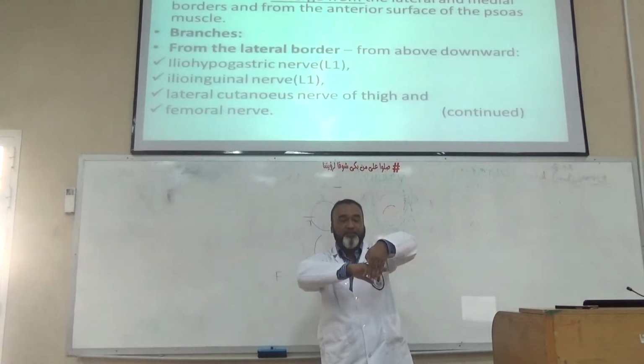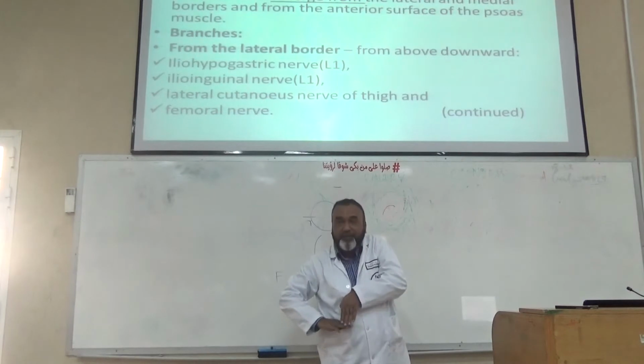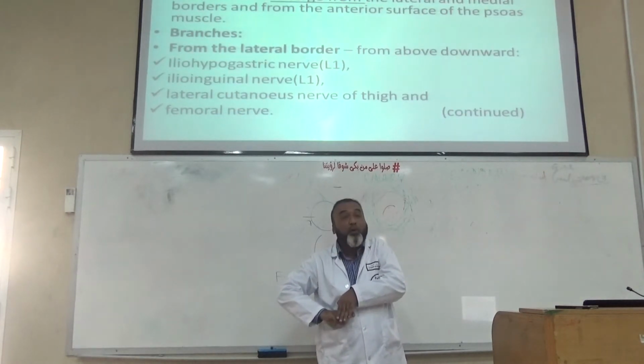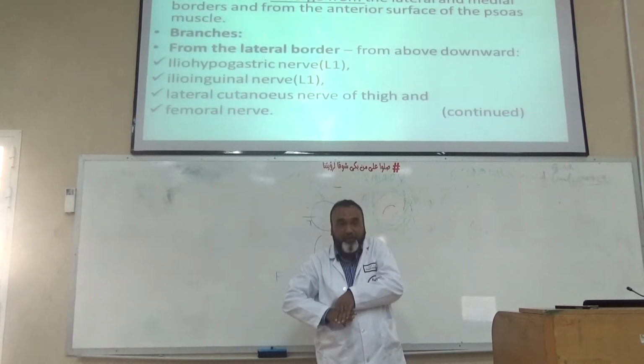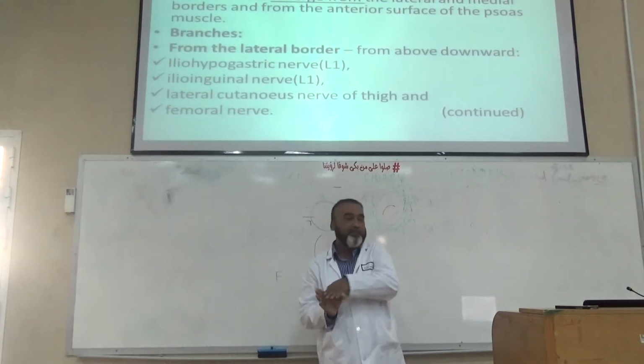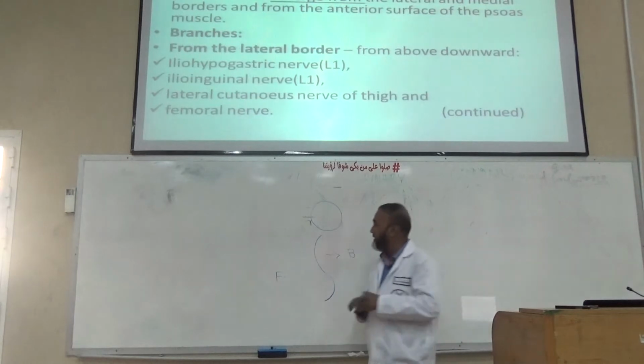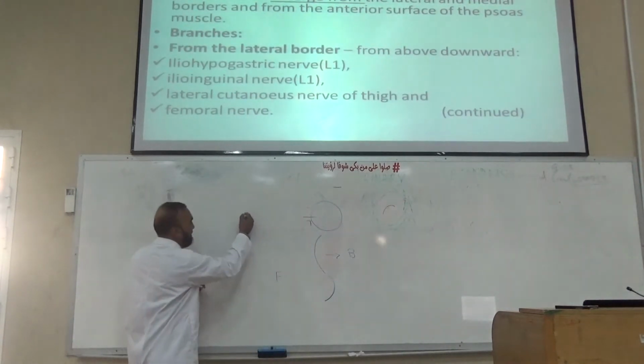Some fibers come from its medial side. Suppose this is the right psoas. Some of the nerves originate from the medial border of the psoas major, and some originate from the lateral side.